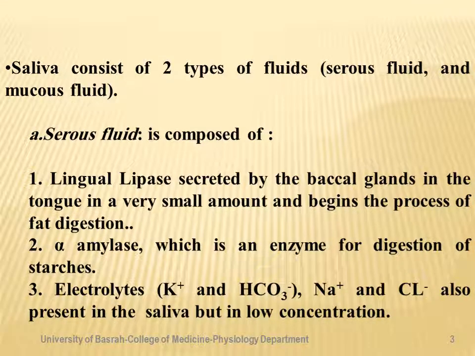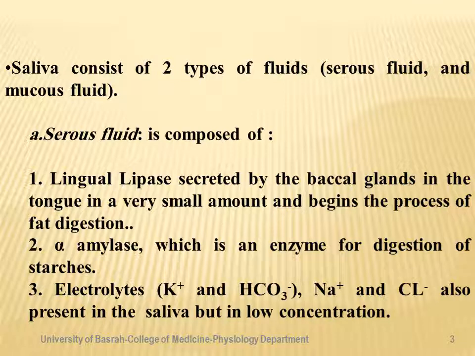Now, the saliva consists of two types of fluids, serous fluid and mucous fluid. The serous fluid is composed of, first of all, the lingual lipase that's secreted by the buccal glands in the tongue in a very small amount, and it is thought that this type of enzyme starts the process of fat digestion.